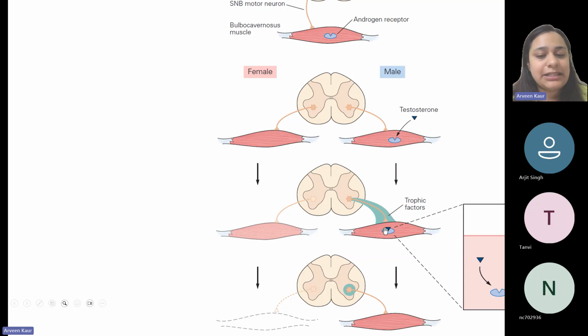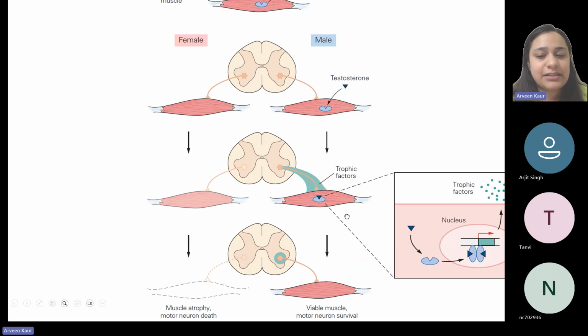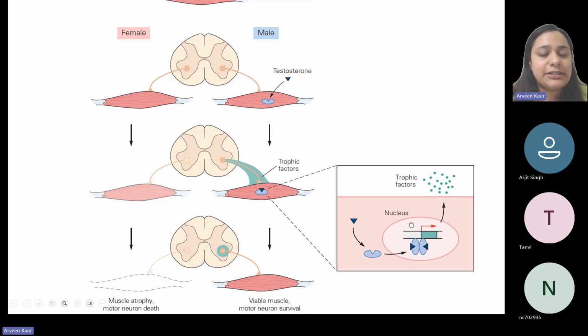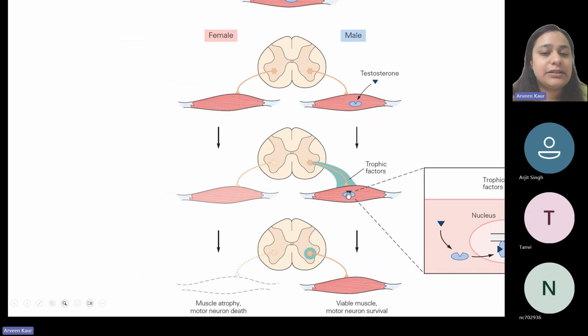That is why it binds, and this binding releases some factors, the trophic factors, which lead to the innervation of this muscle via the neurons present in the spinal nuclei region.